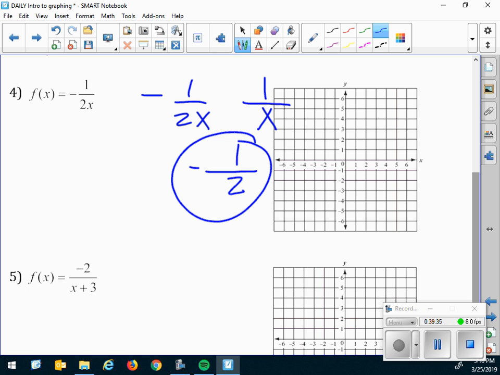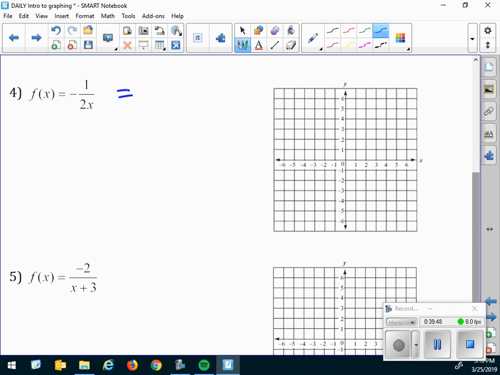That thing is getting multiplied by a negative 1/2. What kind of shrink? Here's the deal. This is really negative 1/2 times 1 over x. You see that?